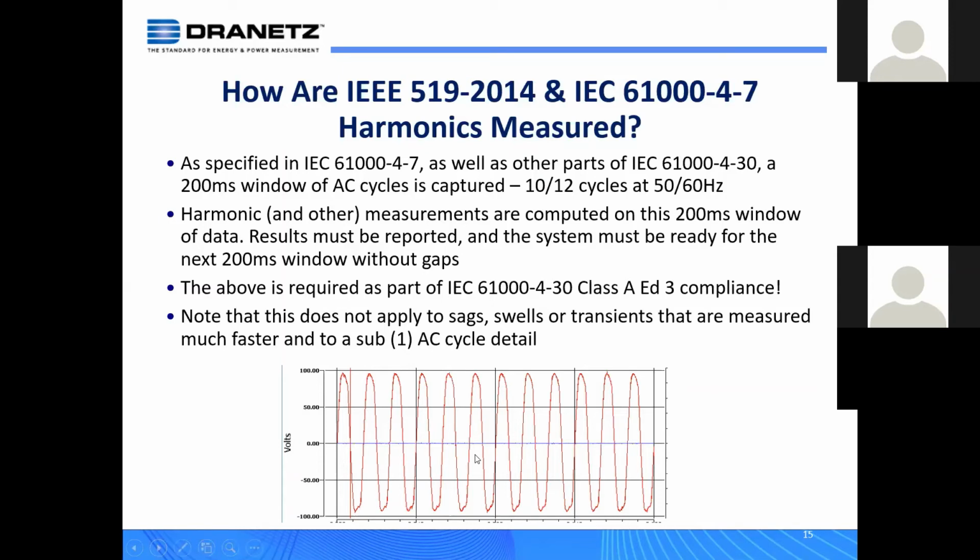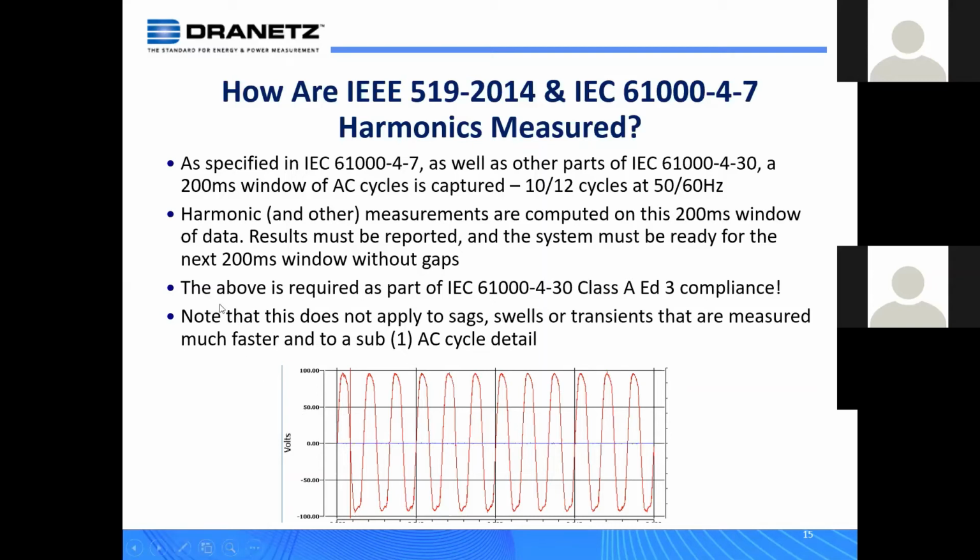So to make it very basic, all the harmonic calculations, and in fact other calculations by our products, are done based upon this 200 millisecond window. It's not one AC cycle, it's 10 cycles at 50 hertz and 12 cycles at 60 hertz that are used as the basis for this, which rolls up into your IEC 61000-4-30 Class A Edition 3 compliance, rolls up into your IEEE 519/2014 compliance, as well as other things, okay?